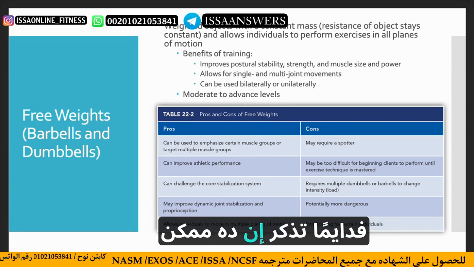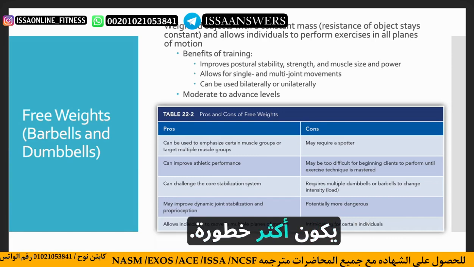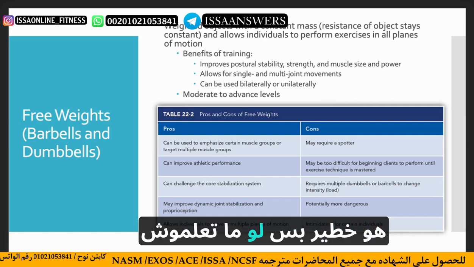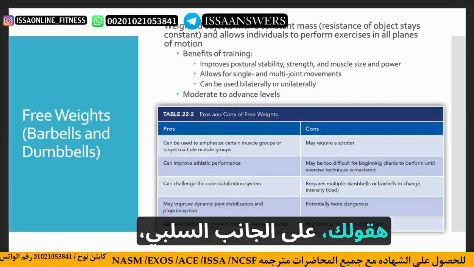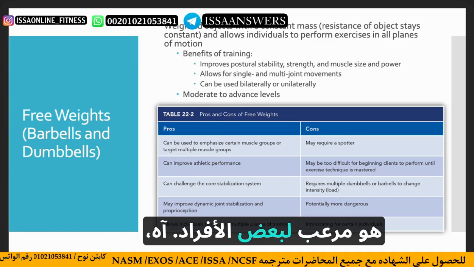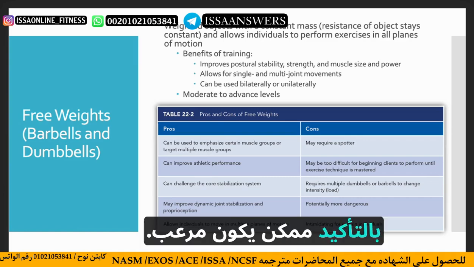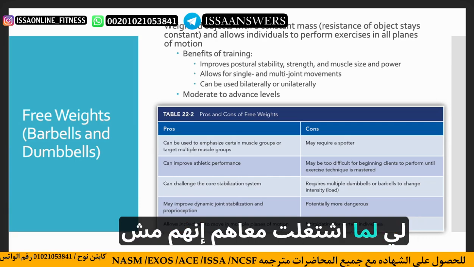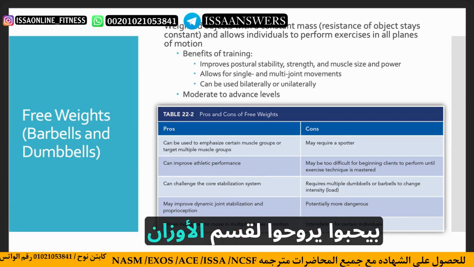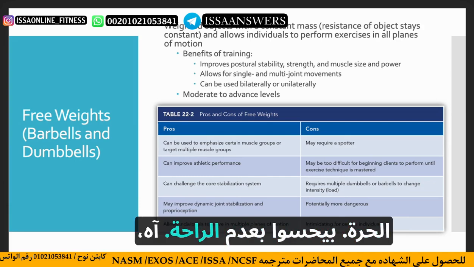So always remember that. Now, potentially more dangerous, it's only dangerous if they're not taught the right technique. That's a problem. I will say, though, on that con side, it's intimidating for certain individuals. Yeah, absolutely, it can be intimidating. There are many people I've worked with who have expressed that they don't like going over to the free weight section. They feel uncomfortable.